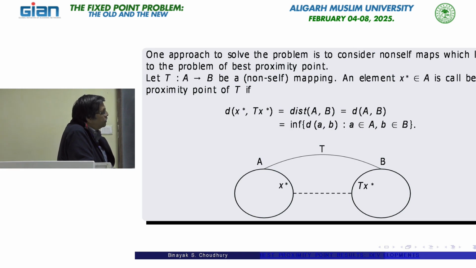If it so happens that there is a point x* which under T is mapped to Tx*, with this happening simultaneously, that d(x*, Tx*) becomes the infimum of d(a, b), a belonging to A, b belonging to B, which is precisely the distance between the two sets, then we say that this point is a best proximity point of the function T, by which the minimum distance between the two sets A and B is attained, and it solves your problem.